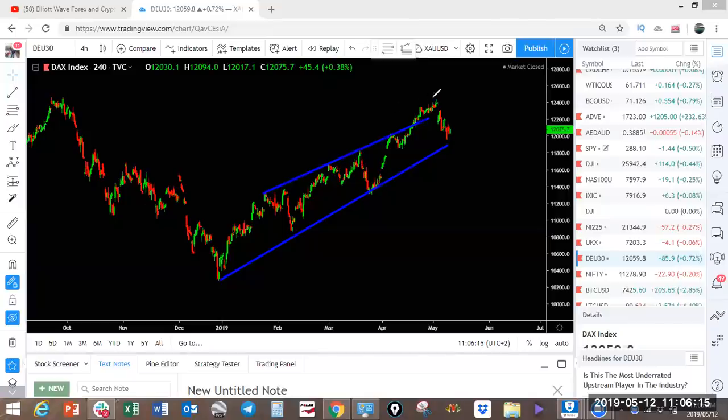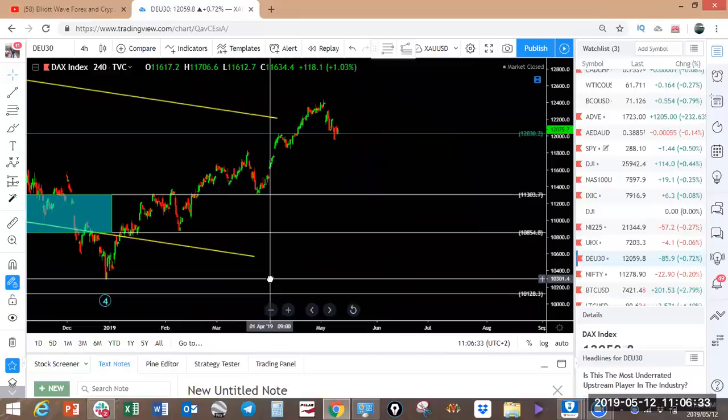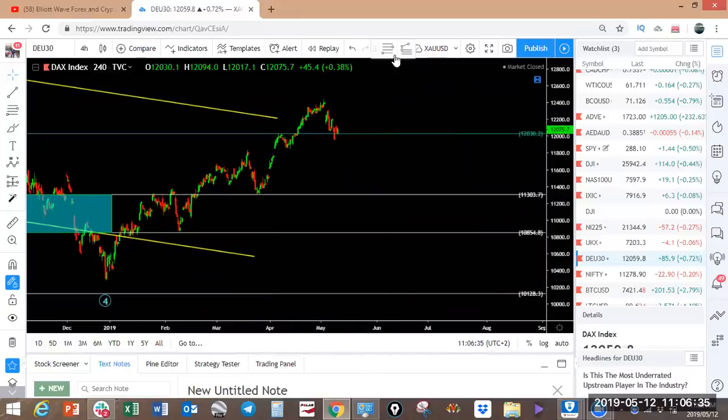Let's have a look here. It could have been something like this. Even so, you still expect a pullback like this after the diagonal. Okay? But it does not look like a good diagonal, this. 1, 2, 3, 4, 5. Maybe, but it doesn't look good. All right. That is the DAX 30.